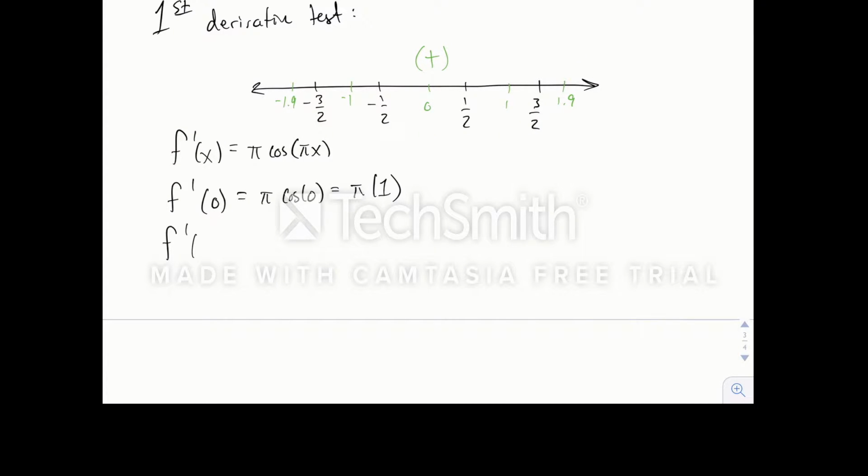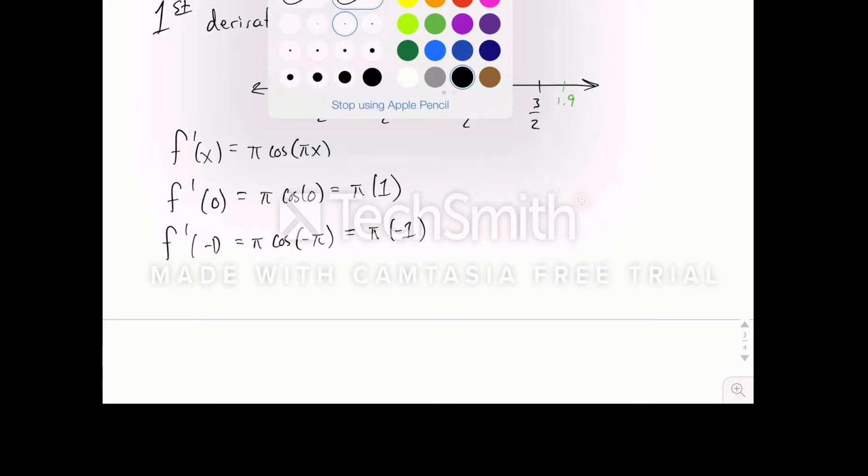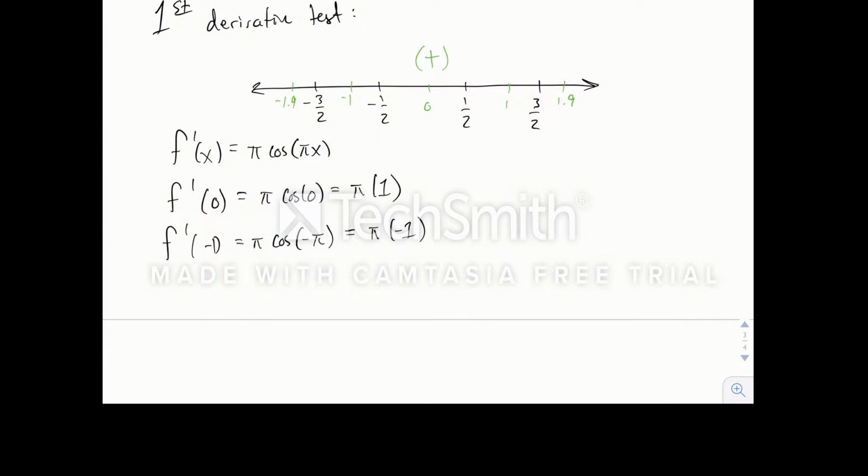So f prime of negative 1 equals pi cosine of negative pi, because we're taking pi times negative 1, which is pi times negative 1. So in the interval where negative 1 resides, we have negative slopes.